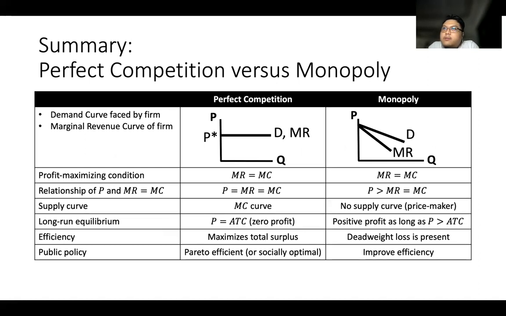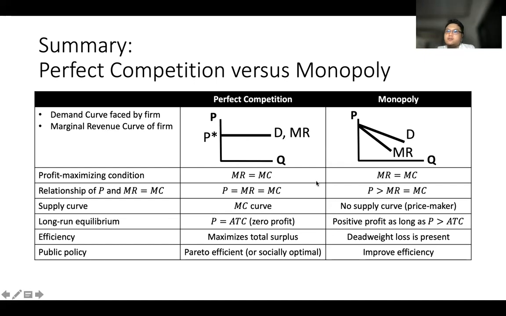So here's just a summary of the difference between perfect competition and monopoly. Remember, the individual firm is faced by a horizontal demand curve, because it's a price taker, as opposed to the monopoly, which faces a downward sloping demand curve.